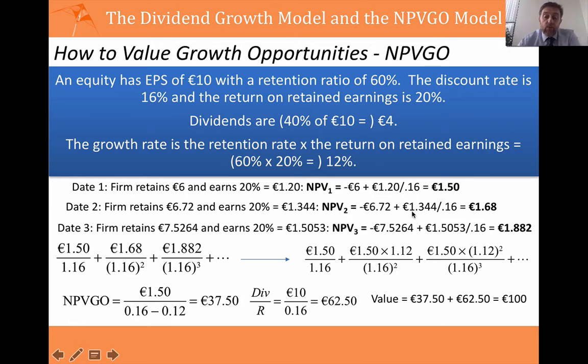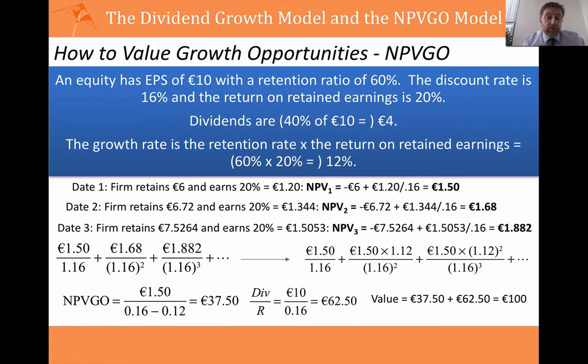We're getting €1.344 every year forever, so it's a perpetuity. We're discounting that by the discount rate of 16%, which means that the net present value of the retained investment at date 2 is €1.68. But that's net present value at time 2, right? So we're looking at the second year.